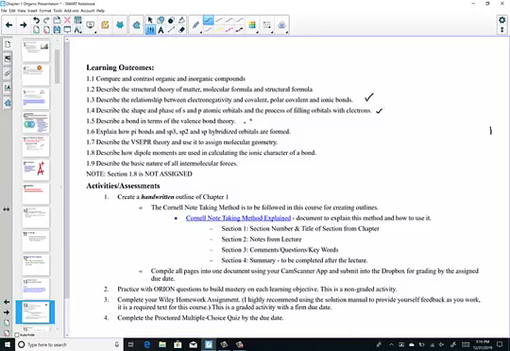You'll describe a bond in terms of valence bond theory and explain how sp, sp2, and sp3 hybridized orbitals form. We'll use VSEPR theory to assign molecular geometry. We'll describe dipole moments and calculate the ionic character of a bond, that electronegativity difference used to determine if it's polar covalent, ionic, or nonpolar.